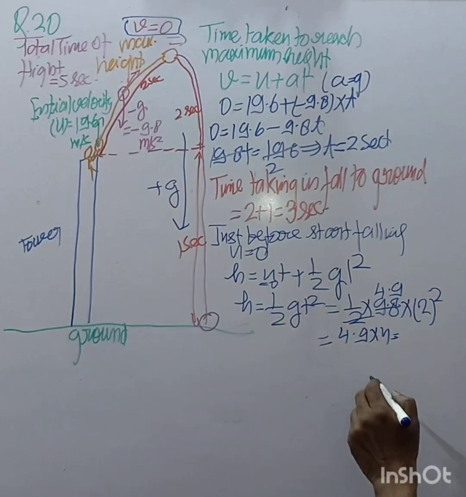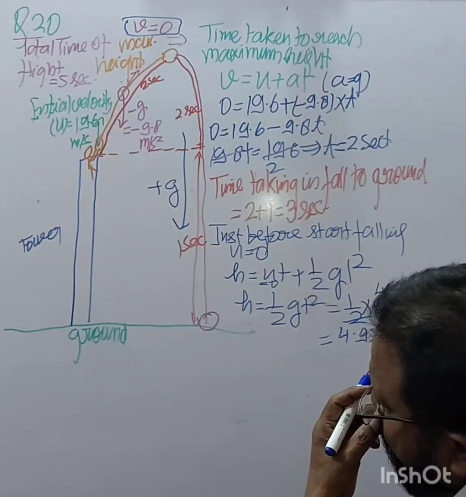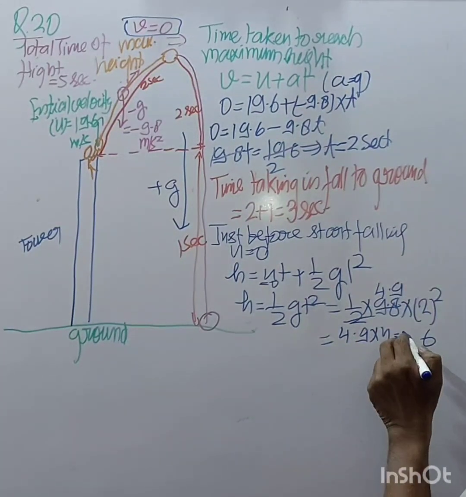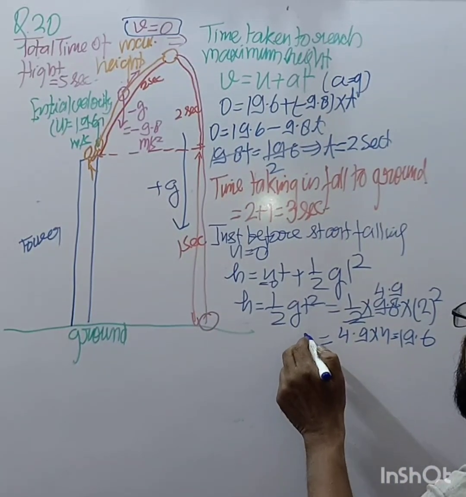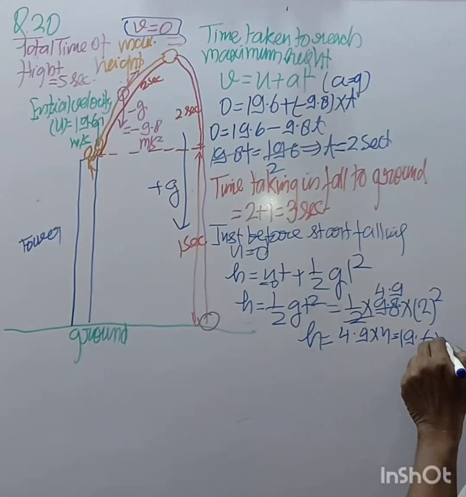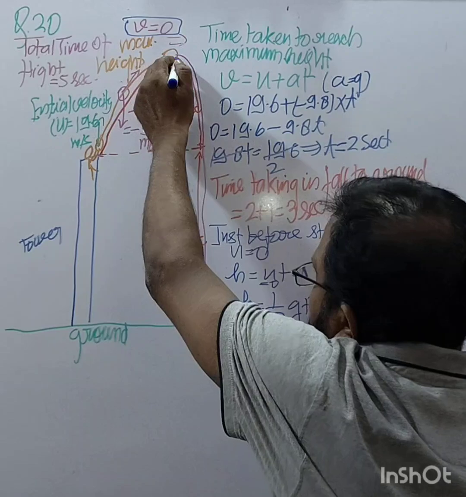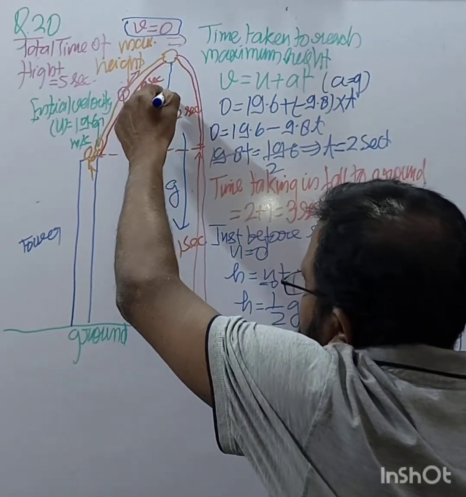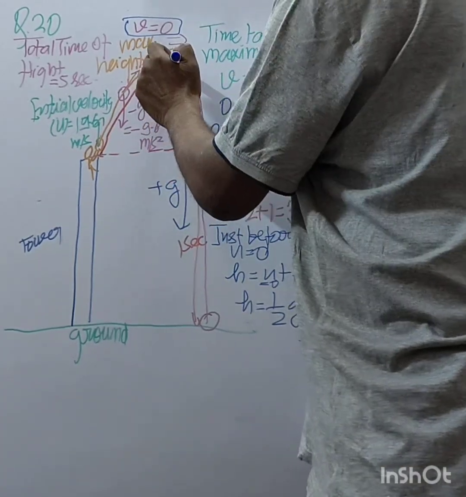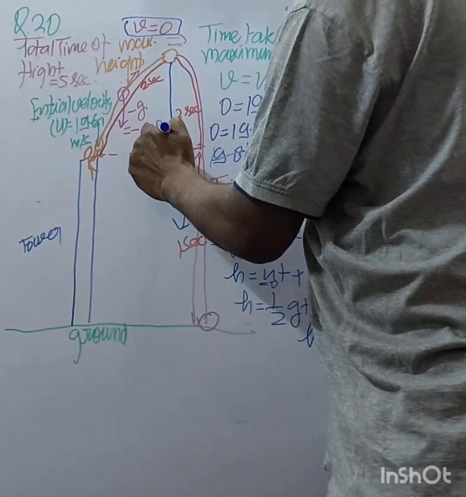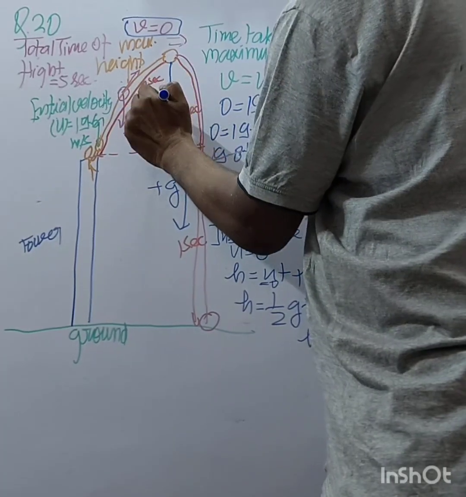How much? 9 times 4 becomes 36, we get 3. 4 times 4 becomes 16, plus 3, 19. 19.6 meter is the height. From here to here, height is 19.6 meter.